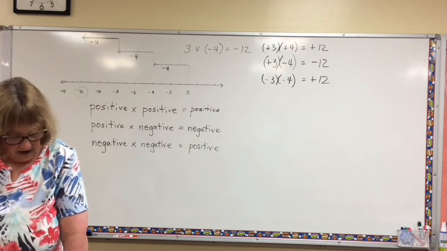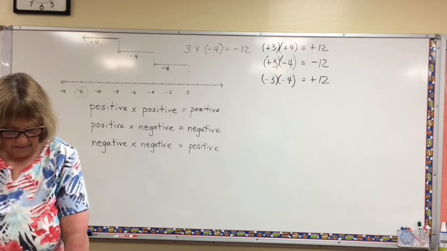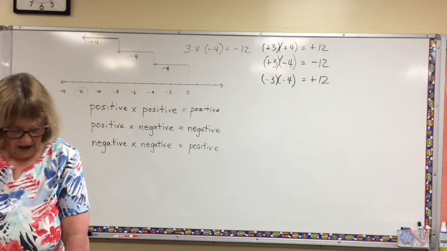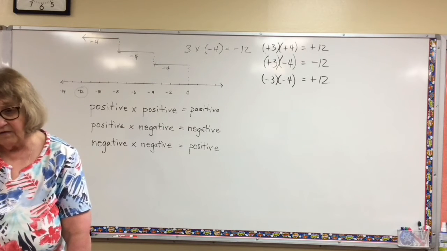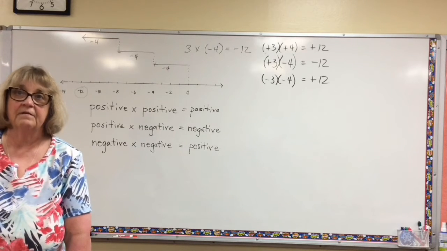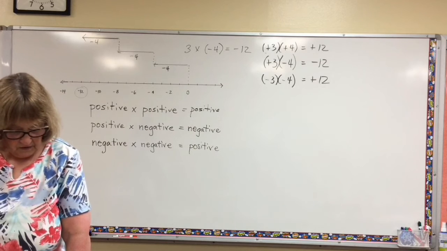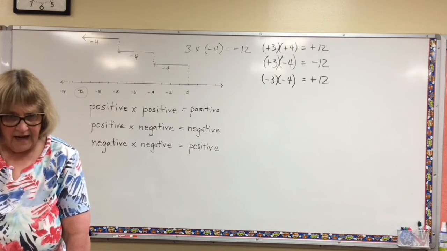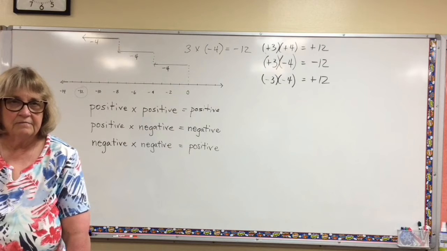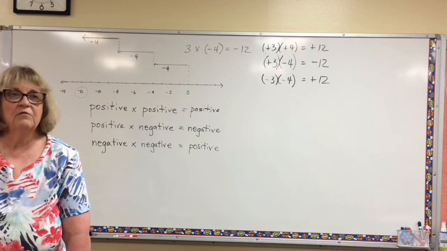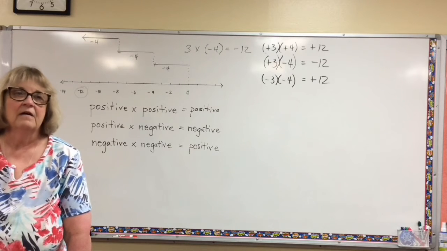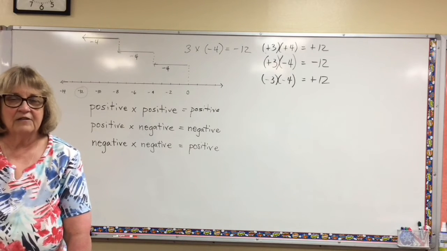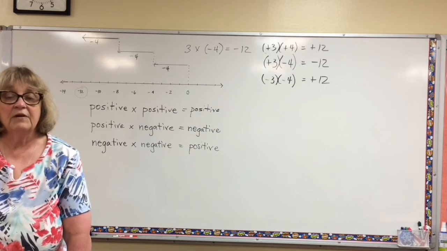The opposite of 3 times the opposite of 4 is the opposite of the opposite of 12. The opposite of 12 is negative 12. The opposite of negative 12 is 12. So negative times negative equals a positive. If at this point you can't fathom that, can't understand why that's true, I get that. It is a little hard to get your head wrapped around it, but do know, negative times negative is always positive.